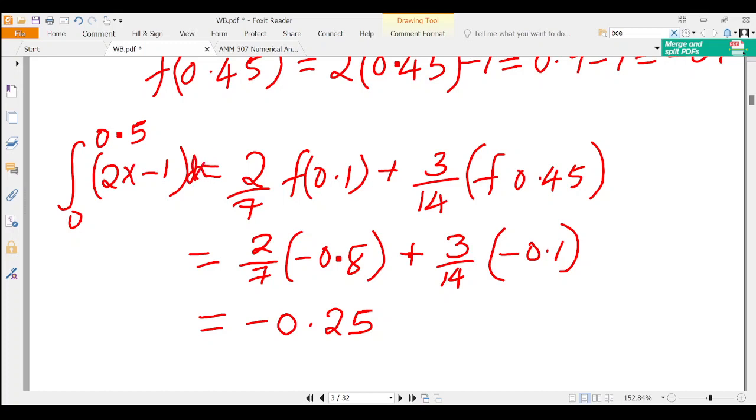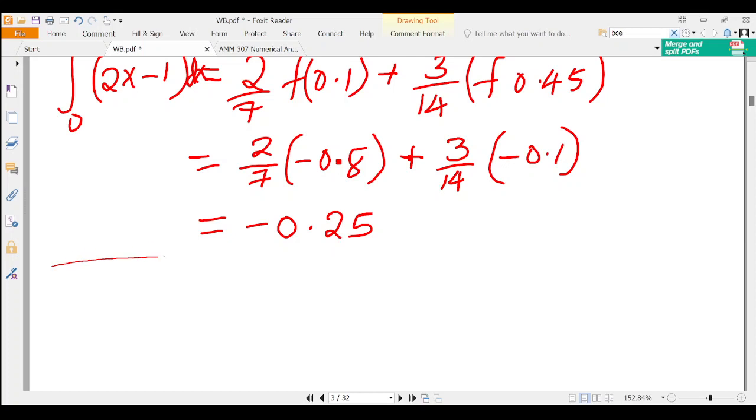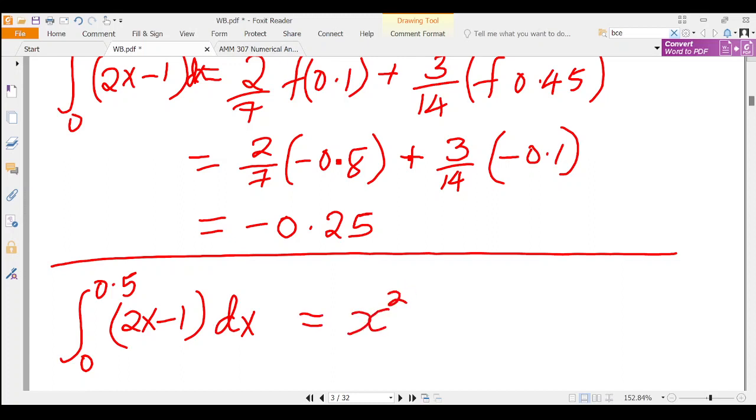We have dx here. Now, suppose we evaluate this integral directly, 0 to 0.5 of 2x minus 1 with respect to x. This becomes x squared minus x, and x increases from 0 to 0.5.